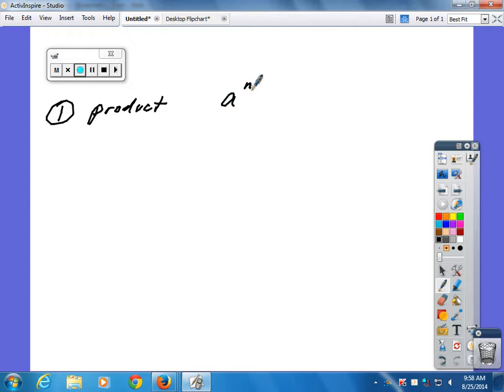A to the n times A to the m is equal to A to the n plus m. When you have bases that are the same, take your handy dandy highlighter. When the bases are the same and you are multiplying them, what can you do to the exponents? Add them. So x to the second times x to the fifth is x to the seventh.